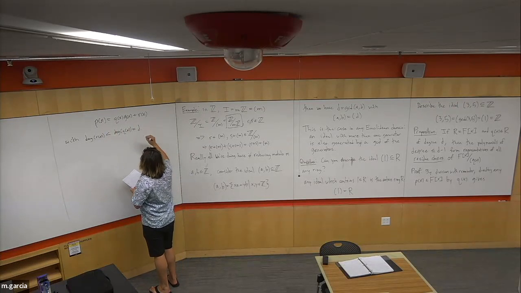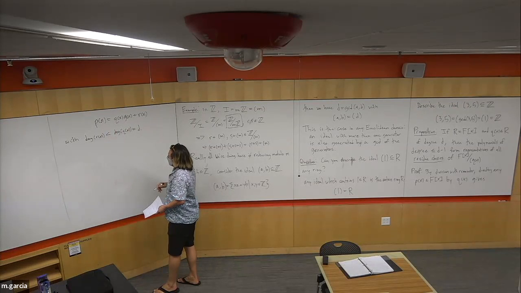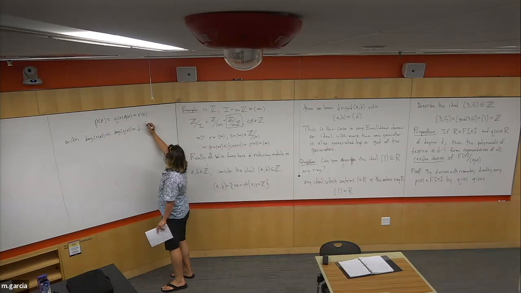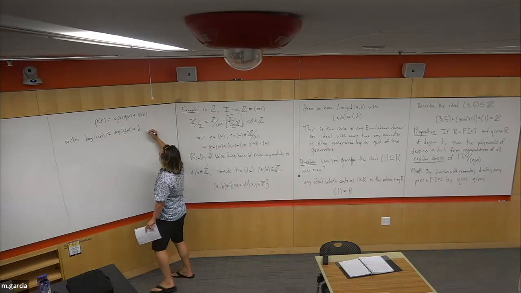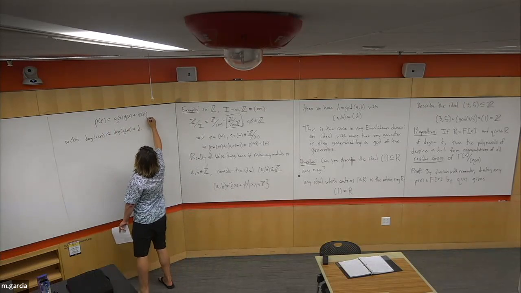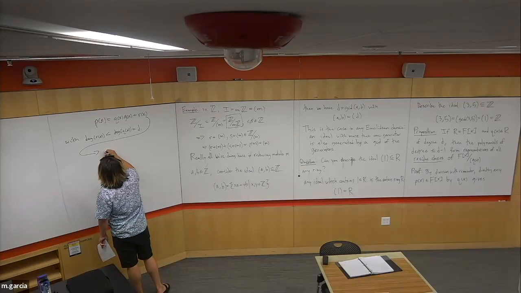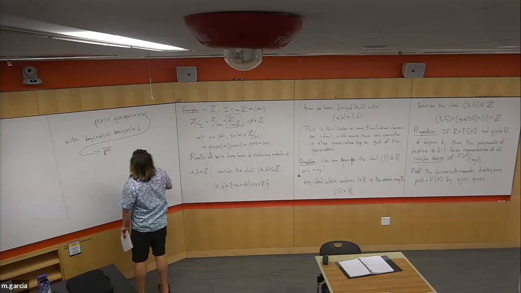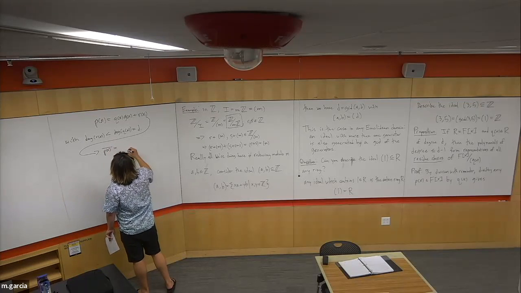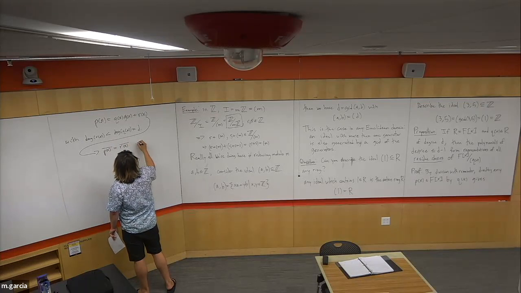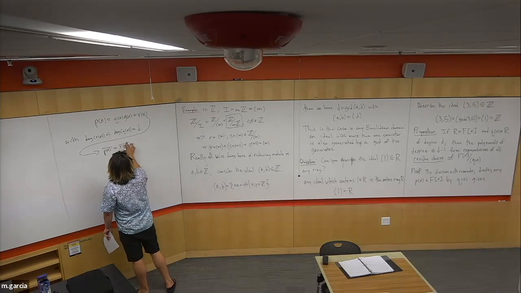Okay, so that is to say, sorry, I should have written this before, but another way of writing this is that P of X bar is equal to R of X bar, or I shouldn't put the bar here, sorry.